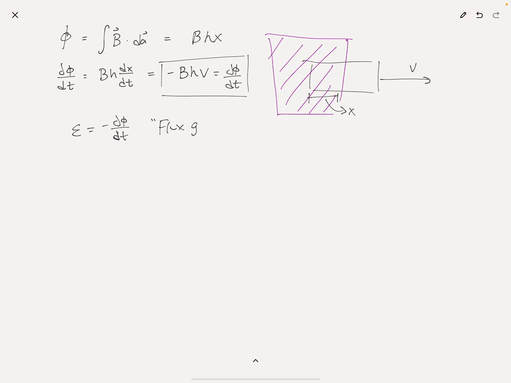Griffiths calls this the flux rule. We did this for a nicely shaped object. It doesn't have to be nicely shaped, but it works just fine. So you can mechanically move something, and that movement generates an EMF, which is able to move a current through a circuit.